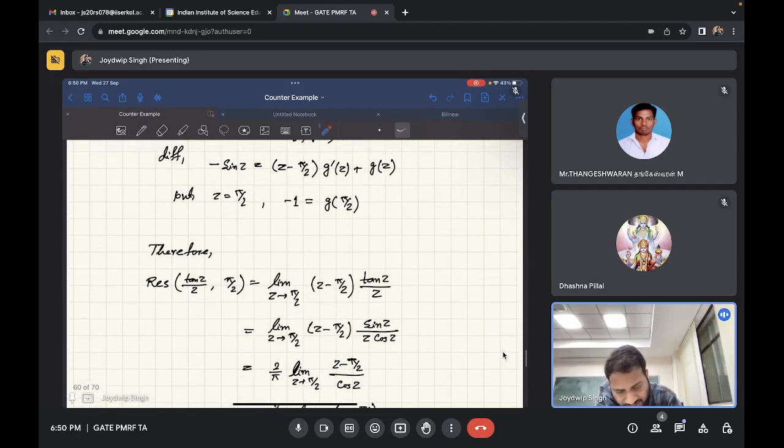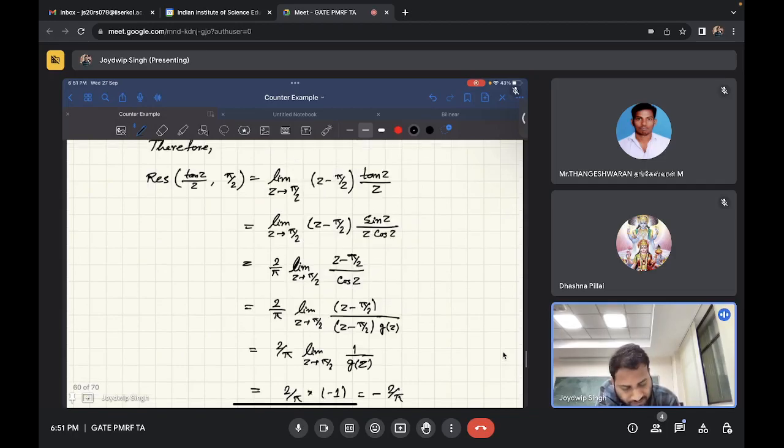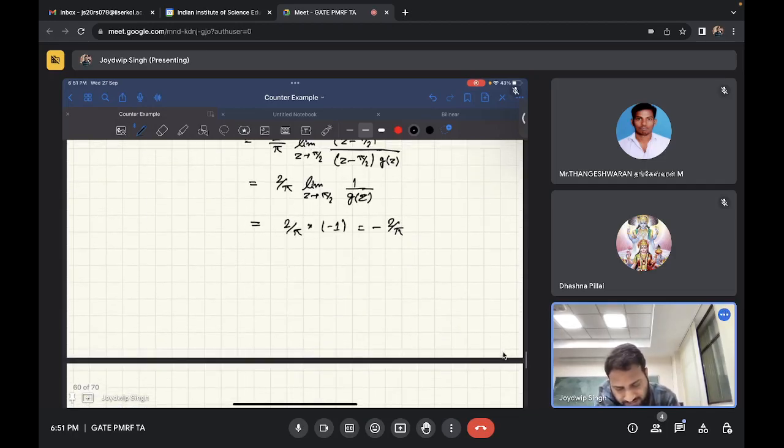From this, g of pi by 2 is minus 1, so this will be 2 by pi into minus 1. So therefore it is minus 2 by pi, right? So you get residue equals minus 2 by pi.